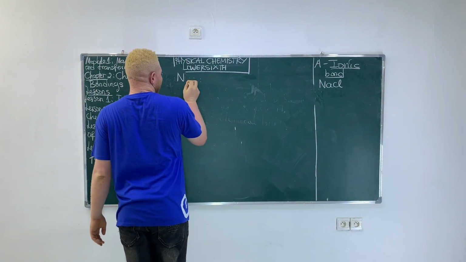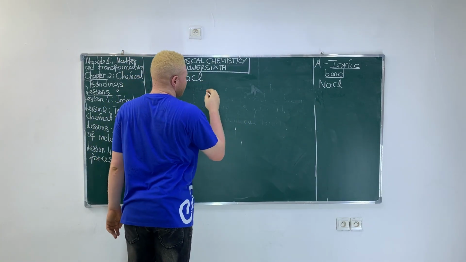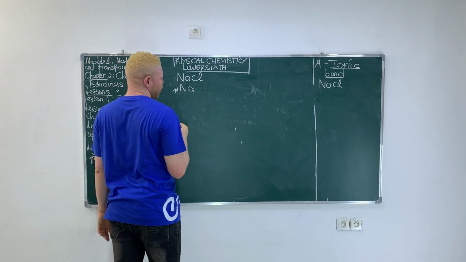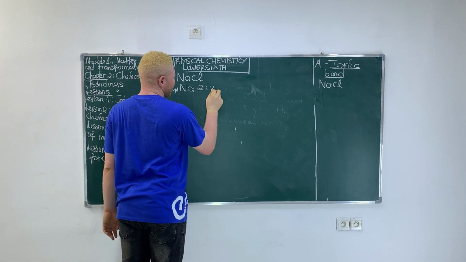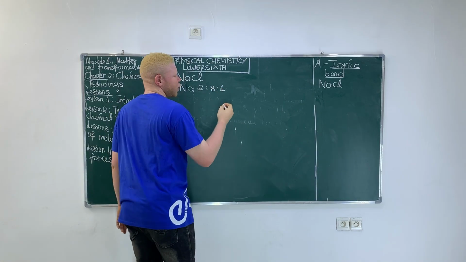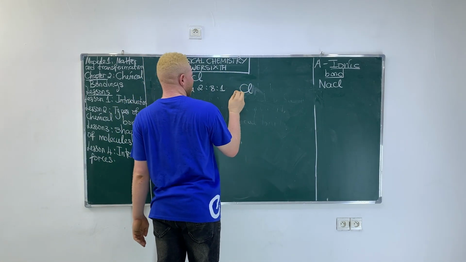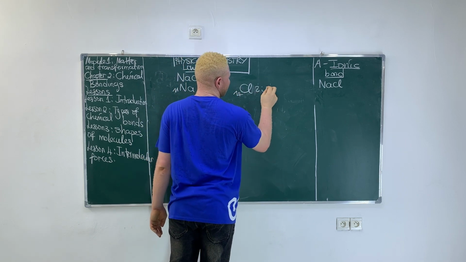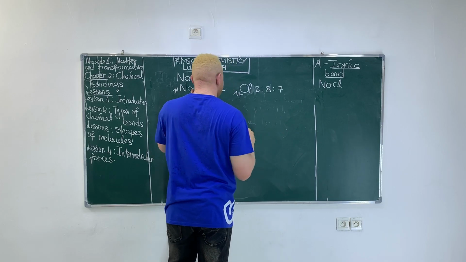Sodium chloride is made up of sodium, atomic number 11, configuration 2:8:1, and chlorine, atomic number 17, configuration 2:8:7.